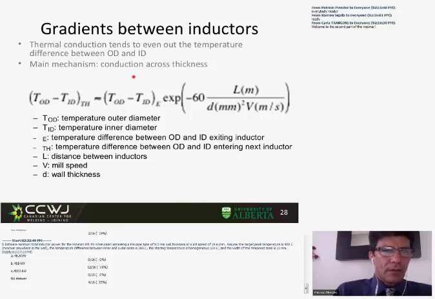So the space between the two inductors plays this very important role of letting the temperature homogenize across the thickness without putting any more heat there. On the outside, we see that it cools down.